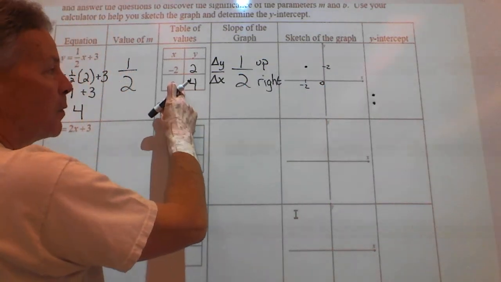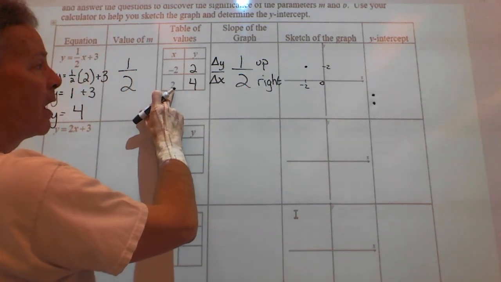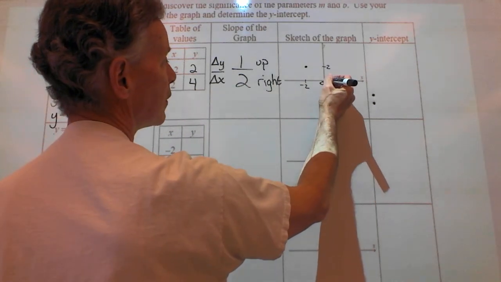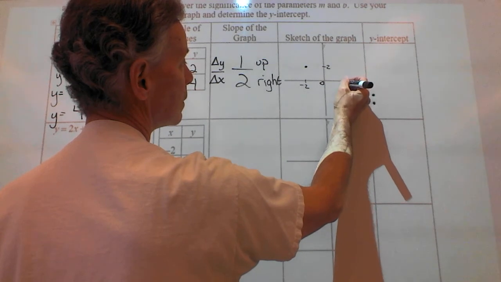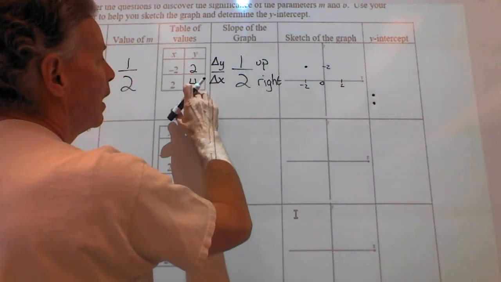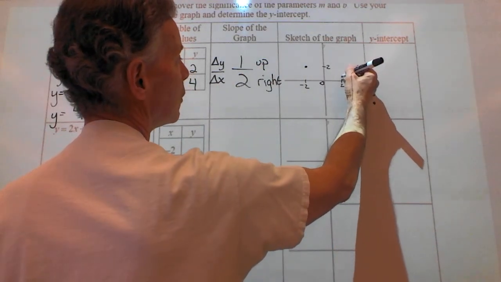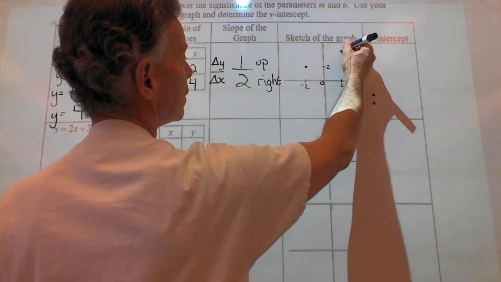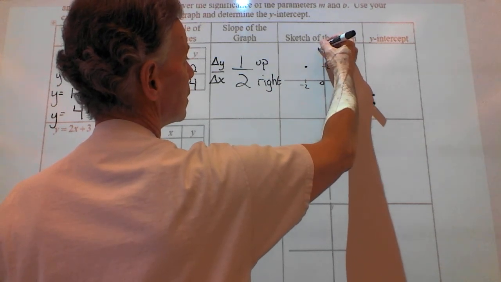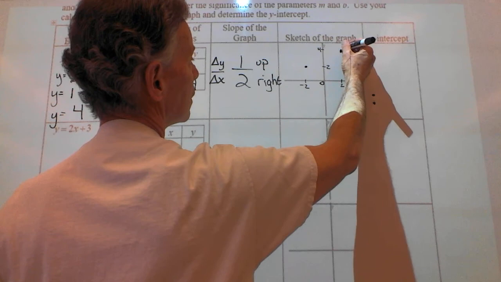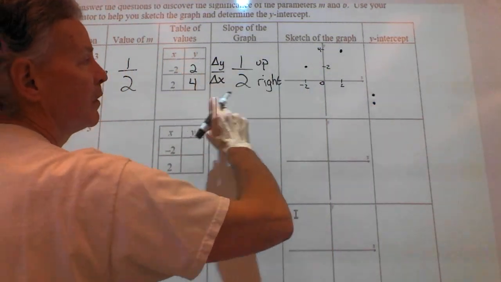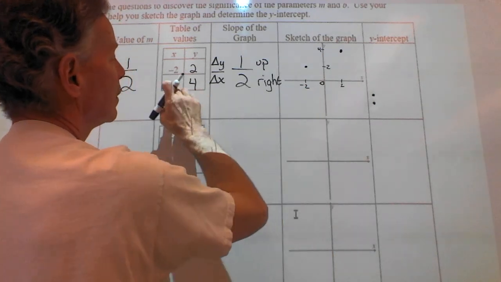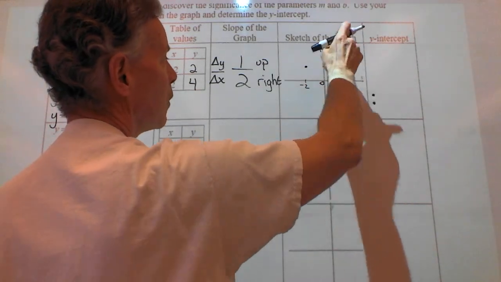Our second point, the x value is +2, so this time we go to the positive 2, and a y value of 4, which will bring us all the way up to +4. So this is our second point, +2 and 4.